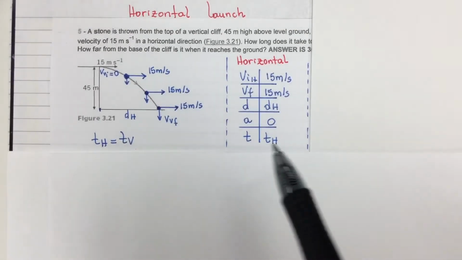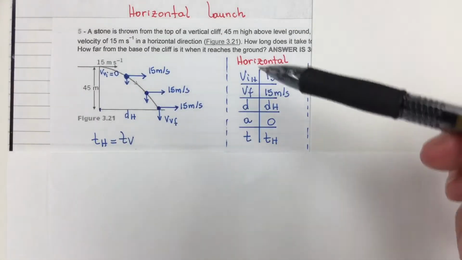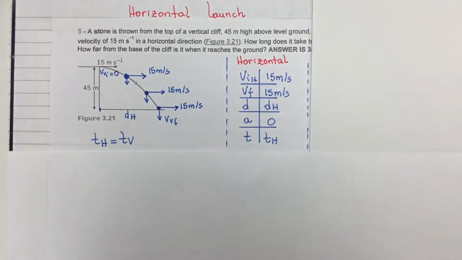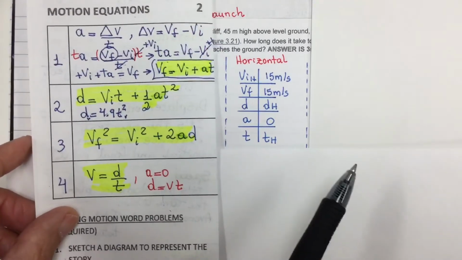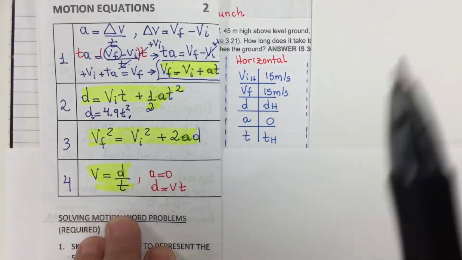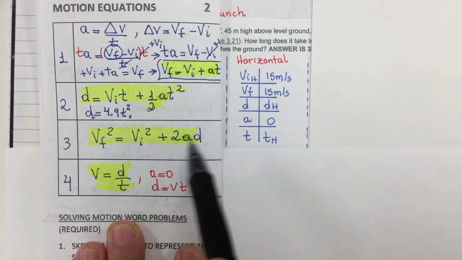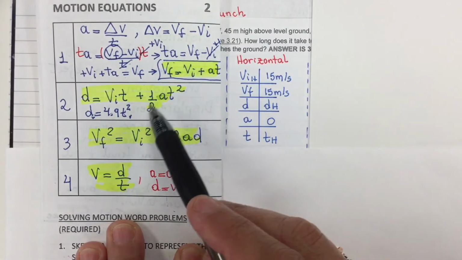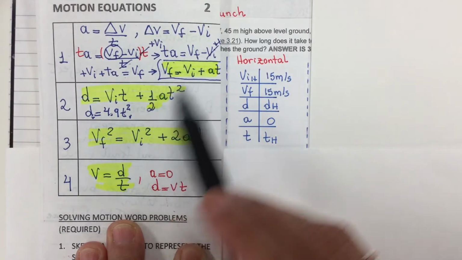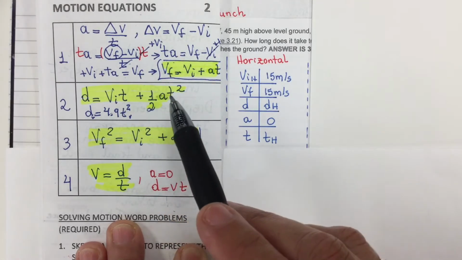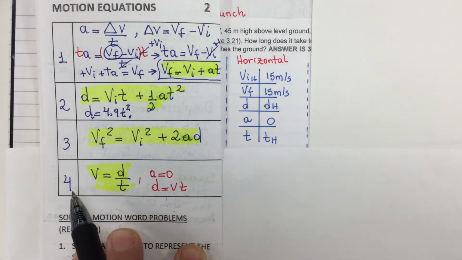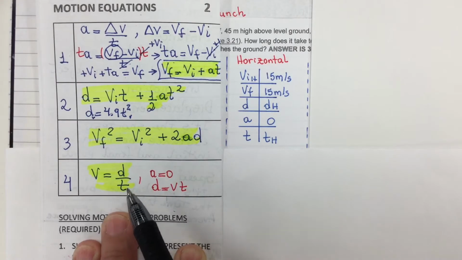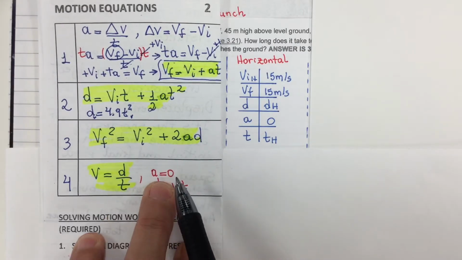Following the same sequence, which equation can we use for the horizontal table? Let's take a look at our selection here. In equations 1, 2, and 3, we have acceleration, and acceleration here is different than 0. For equation 4, we do not have acceleration, and acceleration here is 0.